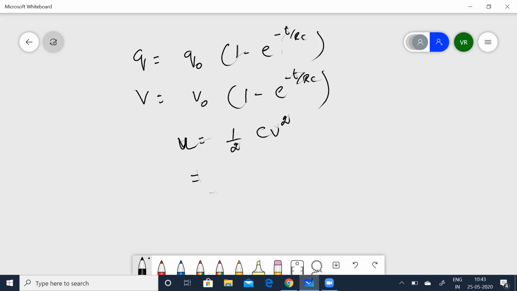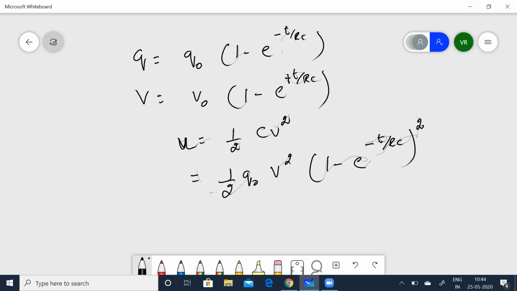So substituting, that gives you half Q0 V0 into 1 minus e to the power of minus t by RC, the whole square. Sorry, children, this should be minus.